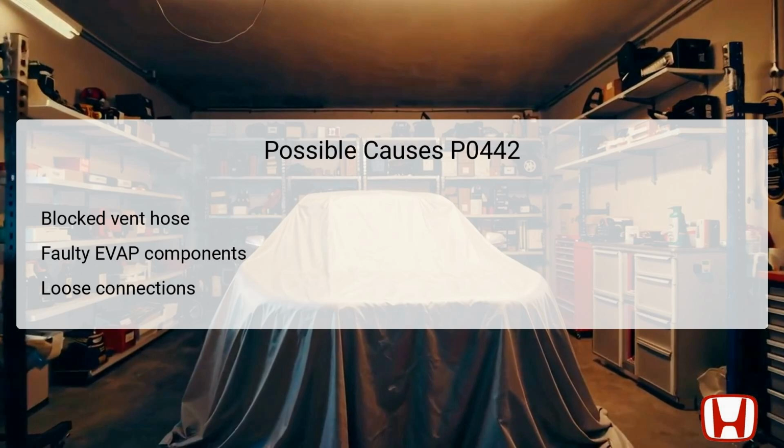Additionally, faulty components within the EVAP system, such as a defective EVAP canister or FTP sensor, can lead to erroneous readings. Loose or corroded electrical connections at various points in the EVAP system could also contribute to the fault, especially in high vibration areas of the vehicle. Understanding these possible causes allows technicians to prioritize their troubleshooting steps effectively.